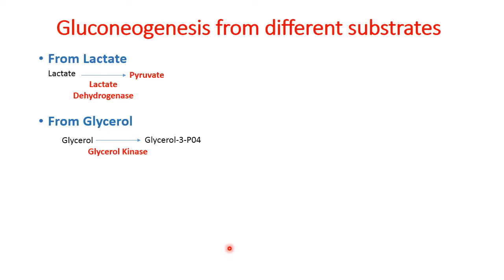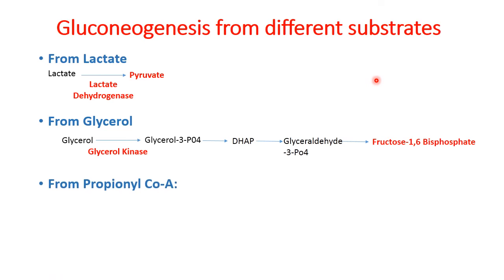Now this glycerol 3-phosphate will get converted to dihydroxyacetone phosphate, and this dihydroxyacetone phosphate will get isomerized to glyceraldehyde 3-phosphate, and that will get converted to fructose 1,6-bisphosphate. So from glycerol ultimately we get fructose 1,6-bisphosphate, and this will again be acted upon by fructose 1,6-bisphosphatase and glucose 6-phosphatase to form glucose. From lactate we get pyruvate, and pyruvate will involve all the steps of gluconeogenesis.